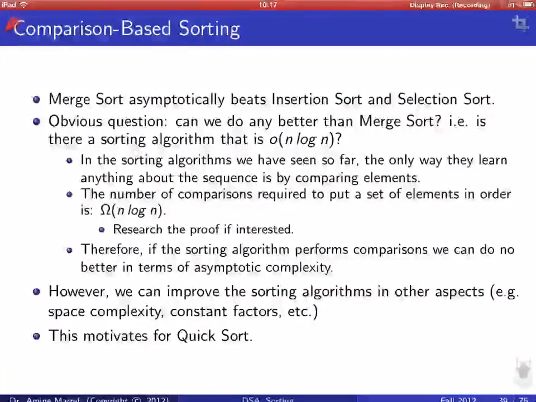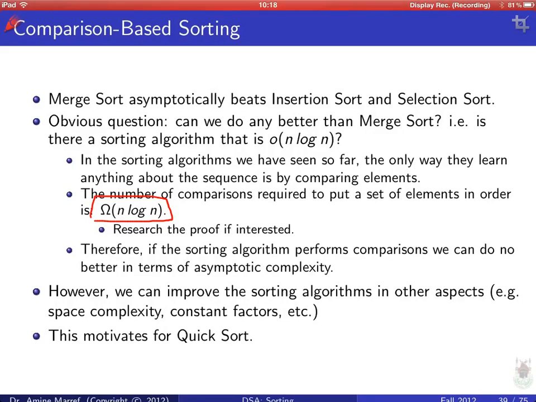Now there is a result that we are going to state without proving. The result is there is no sorting algorithm based on comparisons, like we are doing. We are comparing elements to each other. There is no sorting algorithm based on comparisons which is going to be faster than n log n.